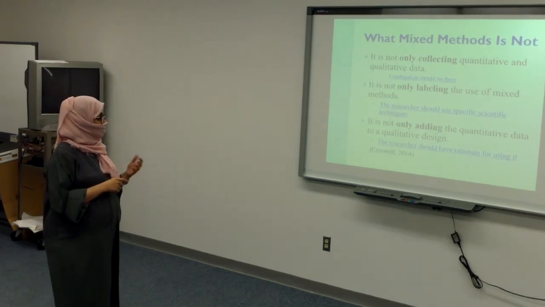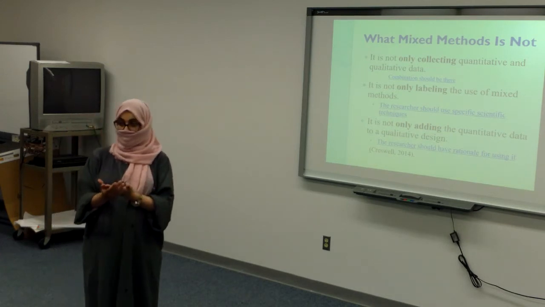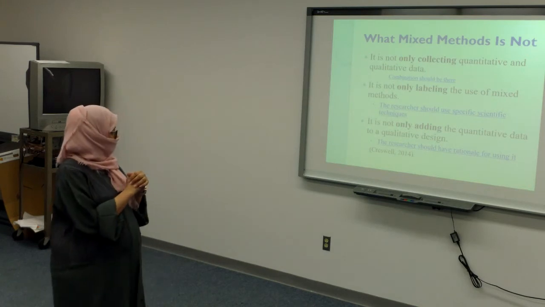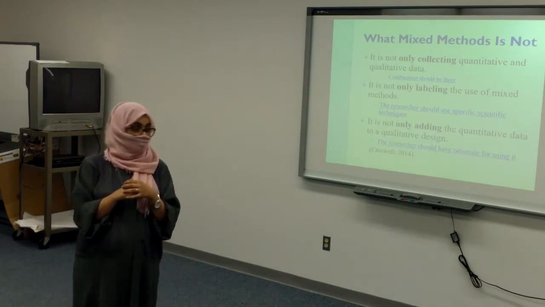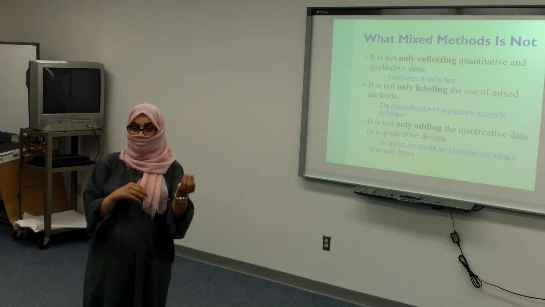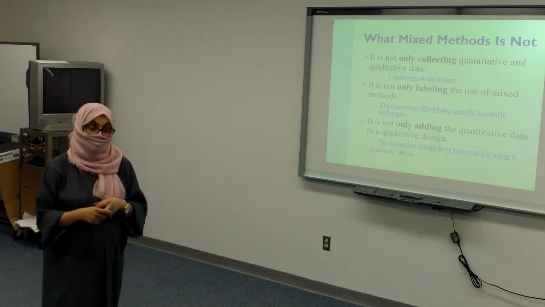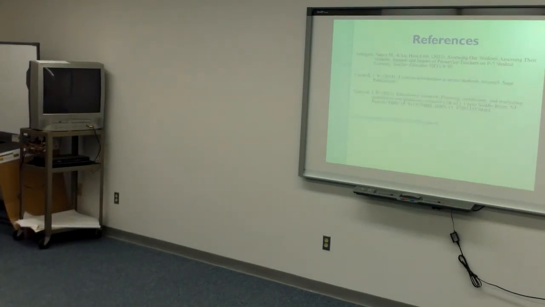And it's not only adding quantitative data to a qualitative design, like just mixing them together. The research should have a rationale for using this design, like why they're using this design. Yeah, that's my advice. Thank you.